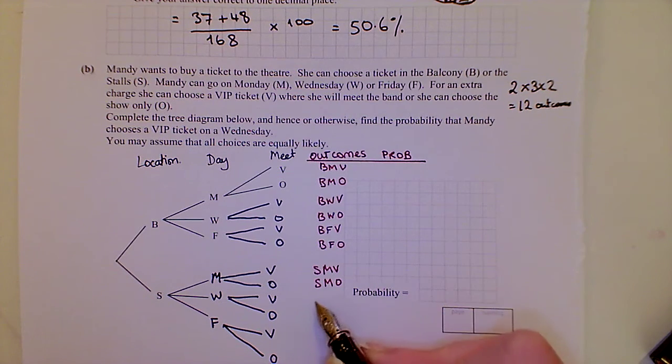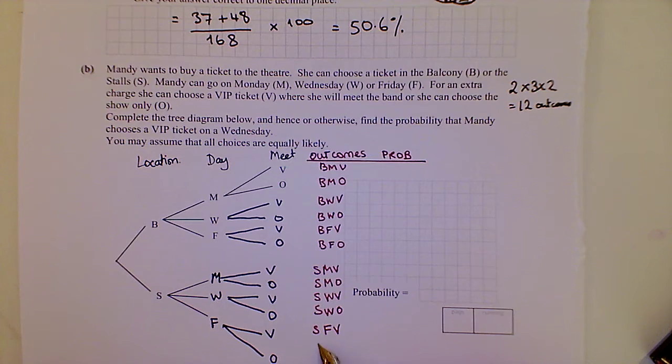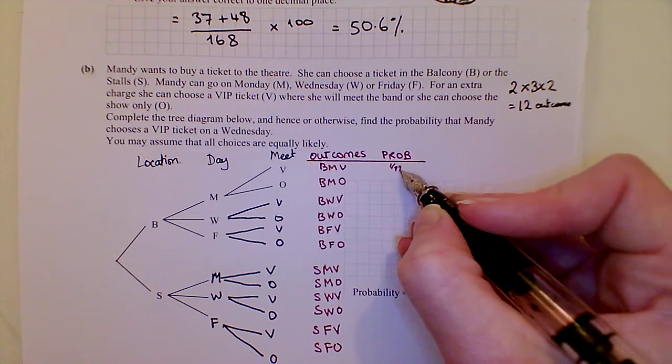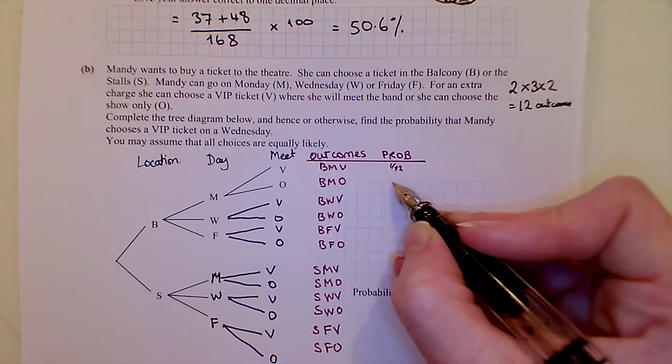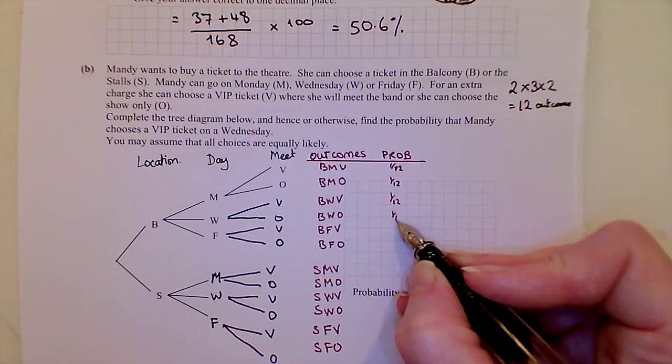Stalls Monday, show only. Stalls Wednesday, VIP. Stalls Wednesday, show only. Stalls Friday, VIP. Stalls Friday, show only. And each of those probabilities is 1/12. I didn't leave a lot of space. 1/12, 1/12, all the way down.